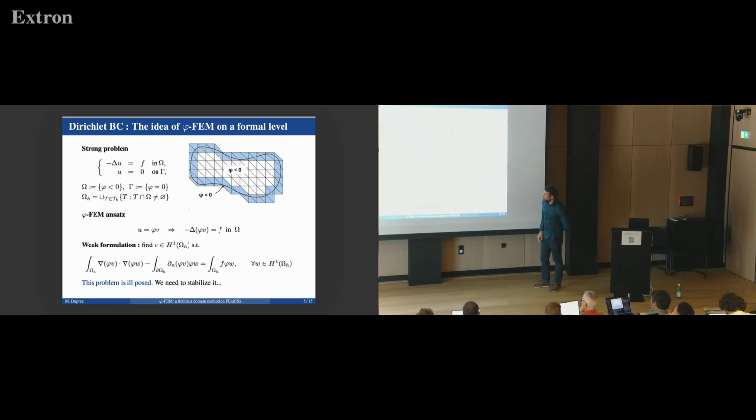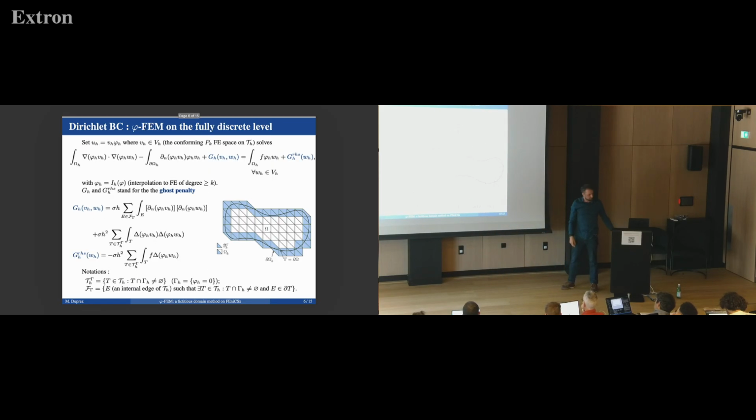This formulation is not well posed because, a way to see that is, inside we have a boundary condition here, but in this band we have a boundary condition here, but not here. So this part can be seen as not well posed formally. Okay. So we need to stabilize this formulation, for instance, with some term like the ghost penalty, presented by Susan before.